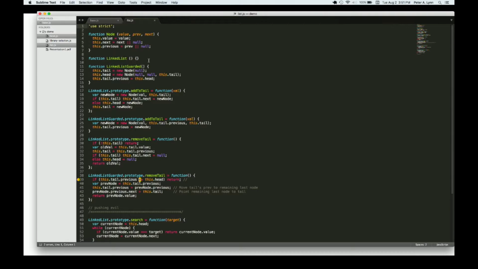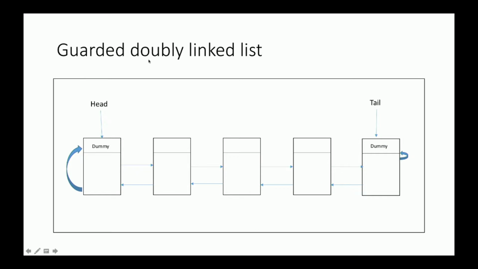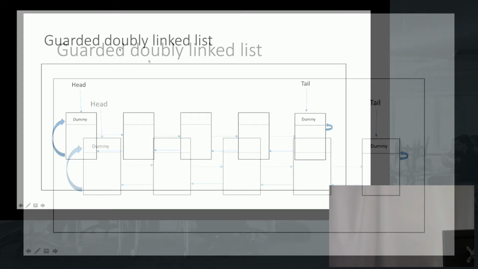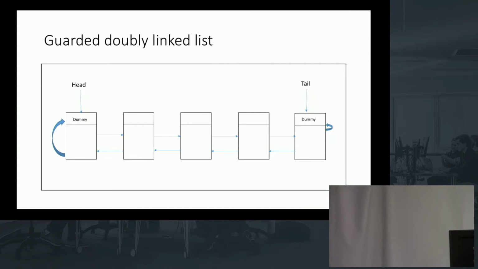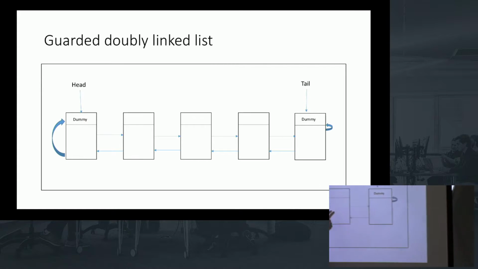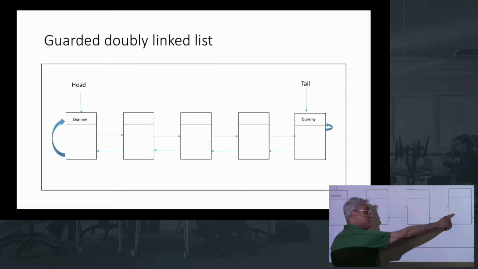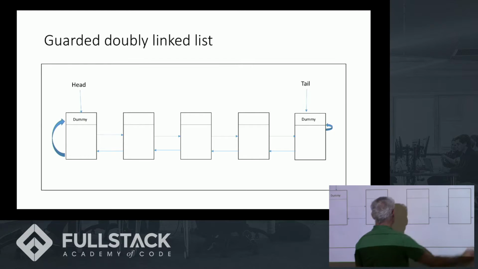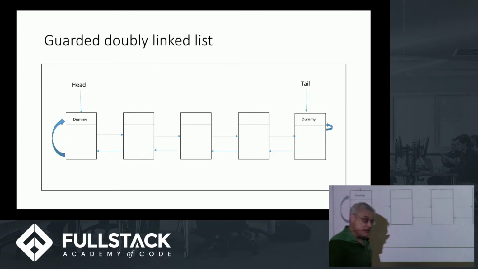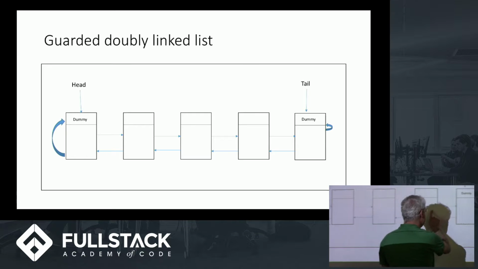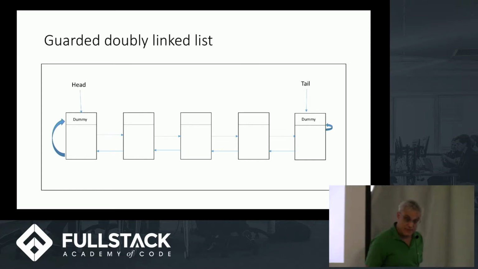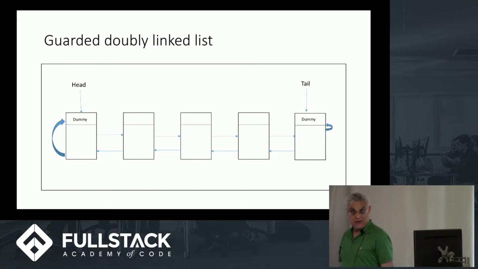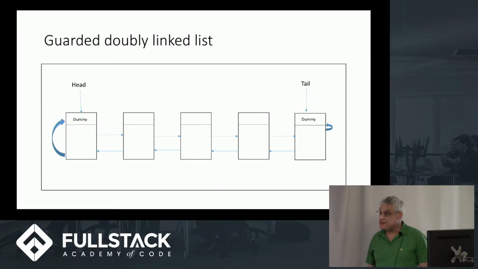This is not trivial to visualize, but what is happening is even if the list was empty, you're always going to be in the case where you're inserting a node between 2 other nodes, because even in an empty list, there will be a dummy tail node and a dummy head node. So there's no need to check whether the node that I'm inserting has to become the tail node or the head node, because it never will. The dummies will sit there and prevent that from happening.